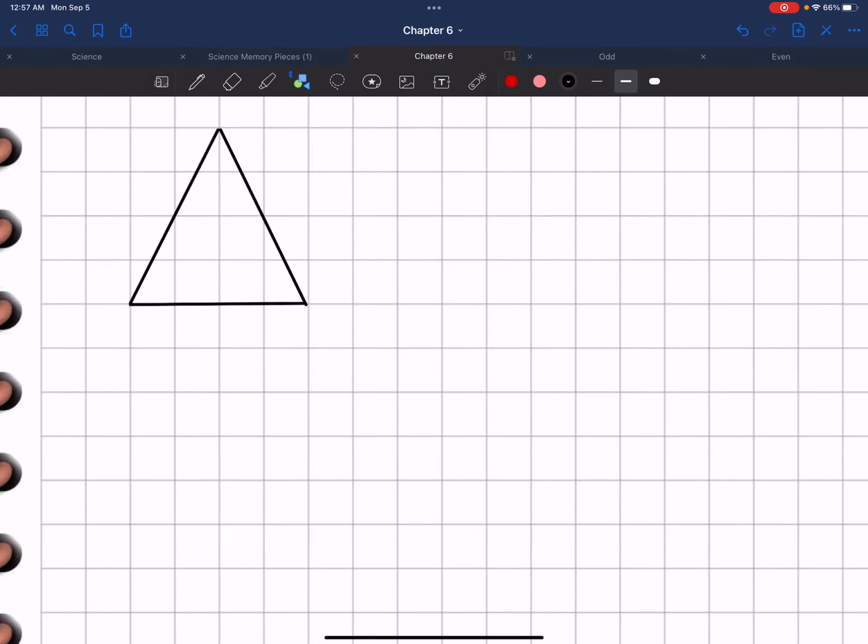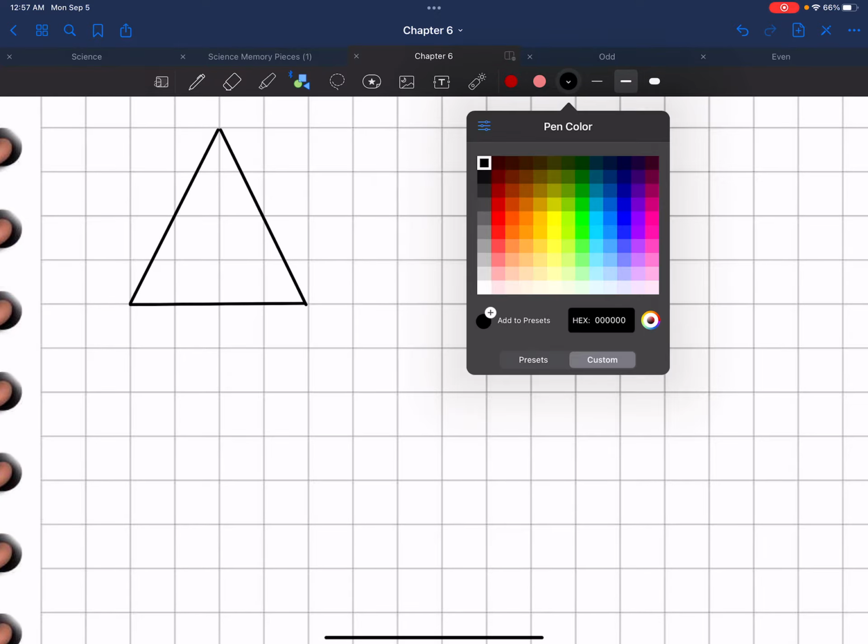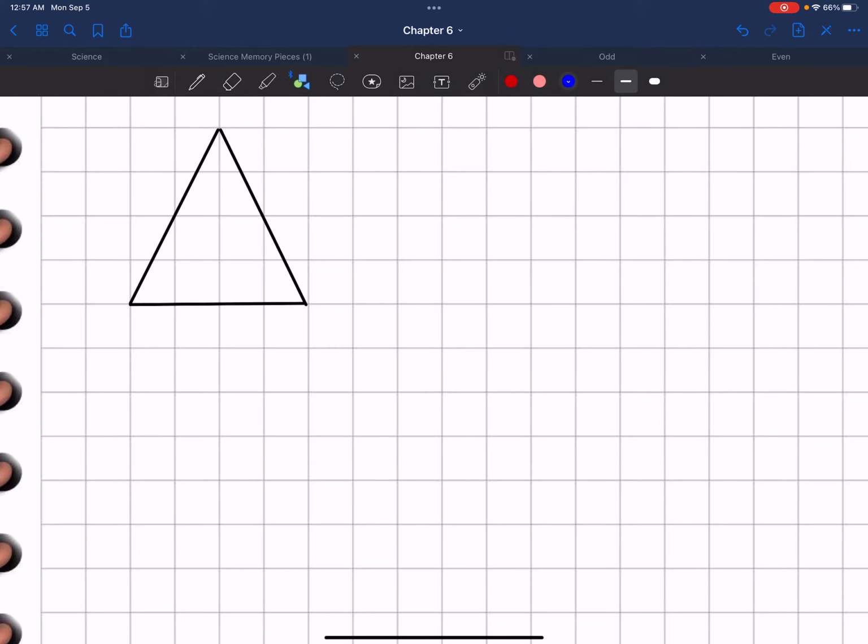Okay, here comes the blue line, and you tell me if it's a line of symmetry or not. Did I make a mirror image on this side to the image on the other side? I did. So yes, this is symmetrical, and the blue line is the line of symmetry.